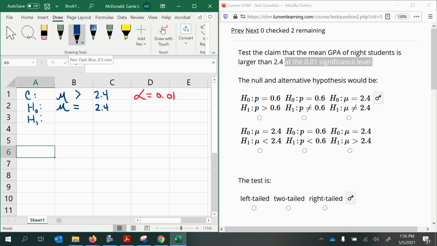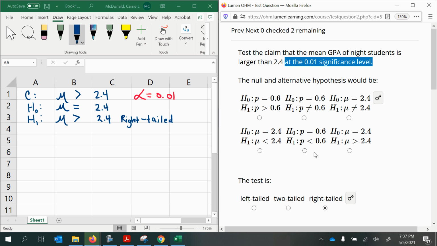So that means that the claim is not in the null hypothesis, and therefore it is the alternative hypothesis. And this is a right-tailed test. So we're going to use mu is greater than 2.4. Okay, so we have that so far.